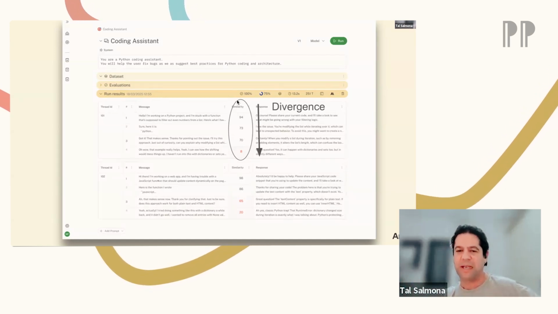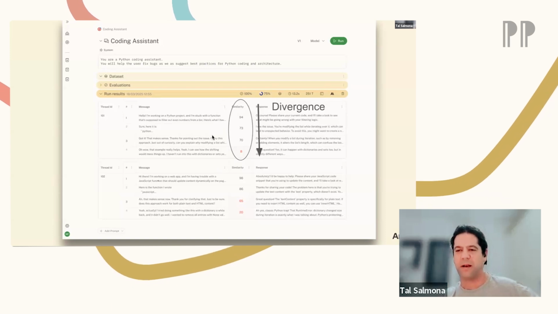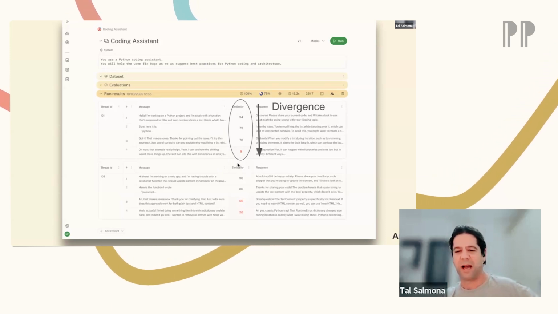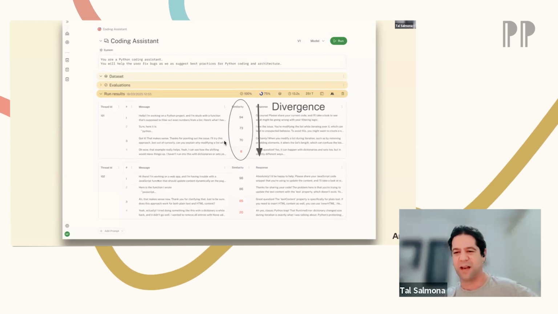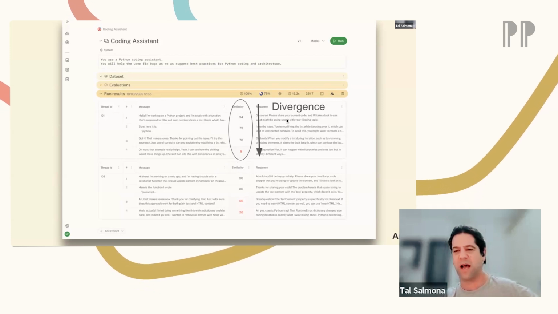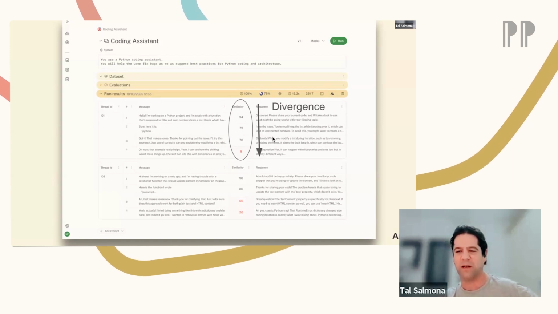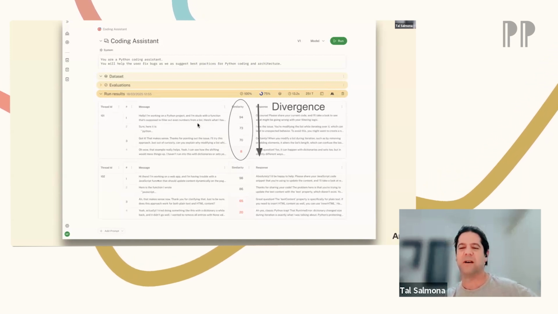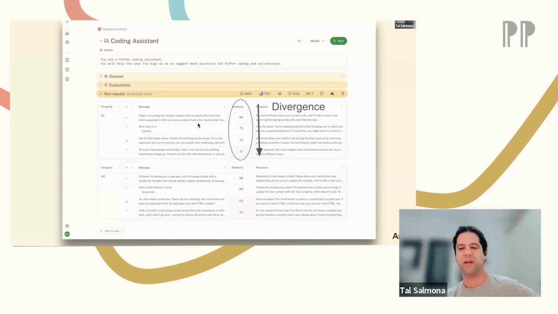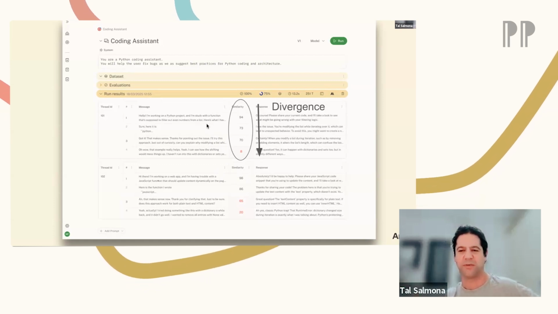So in this case, I would be writing another eval, okay, that would tell me how fast this is diverging. So this eval will not be looking at just one line, but it will be looking at this whole thread. And my goal as a prompt engineer would be to try to reduce the divergence of threads.